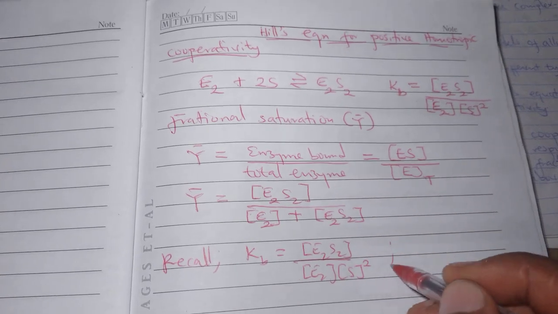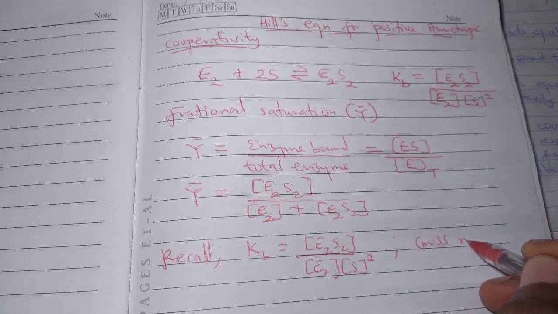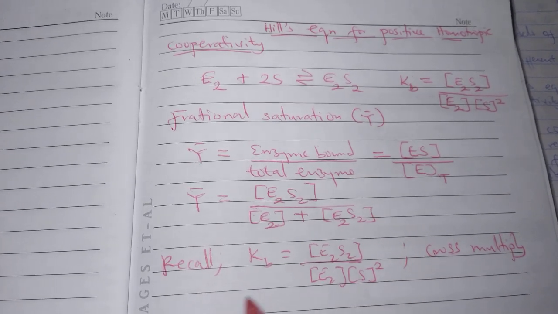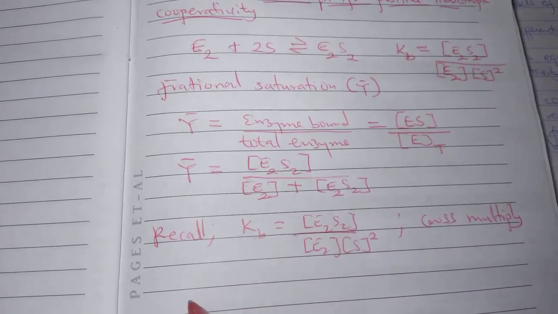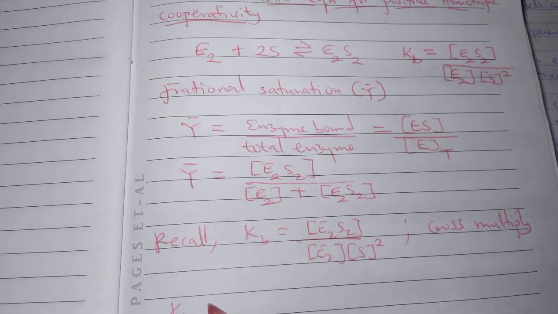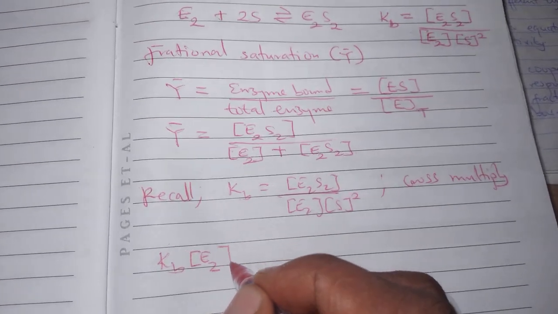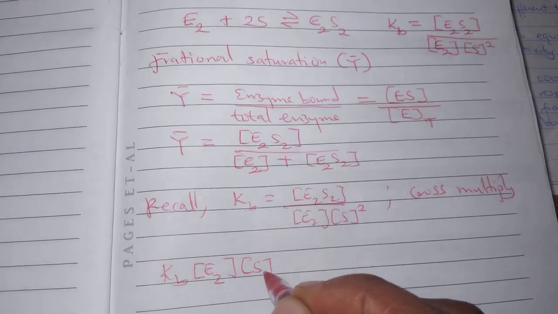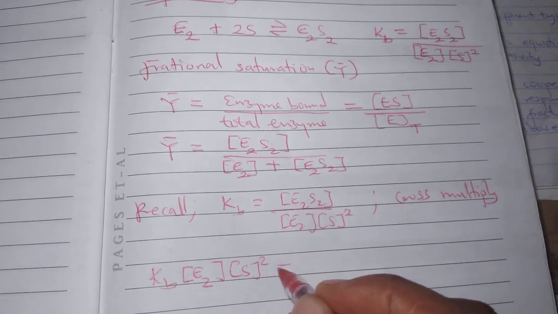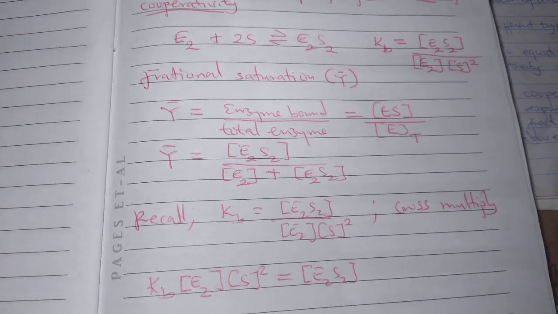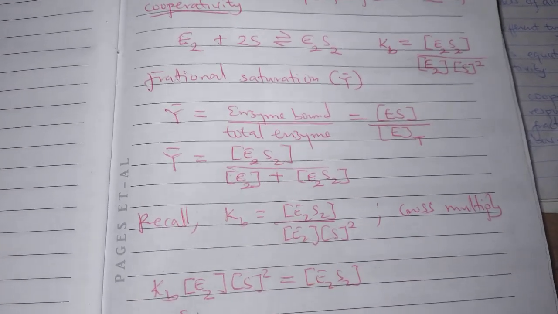Now we can cross multiply. If we cross multiply, we'll have KB E2 S squared equal to E2S2.